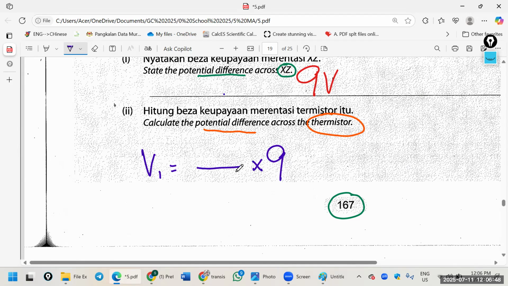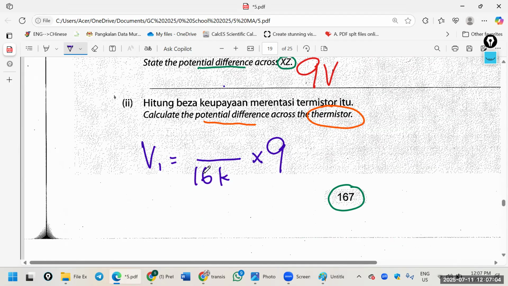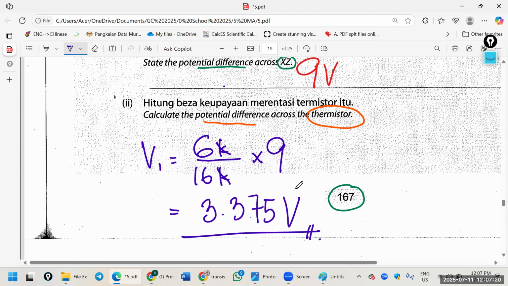What is the total portion, Kaya? 16K. Please write K because 16,000. Yeah, I know later will be cancelled. Then this one is 6. Then we cancel 6K. With the calculator, we will get 3.375 volts.